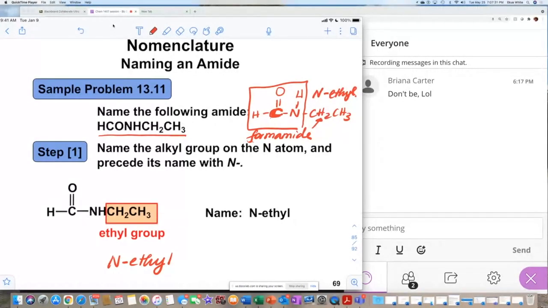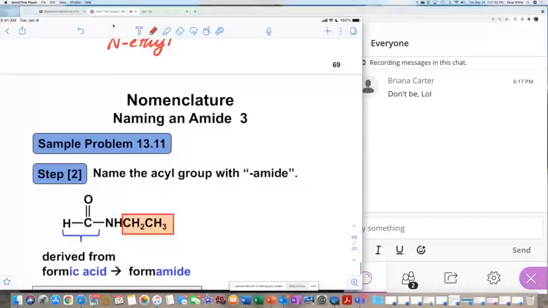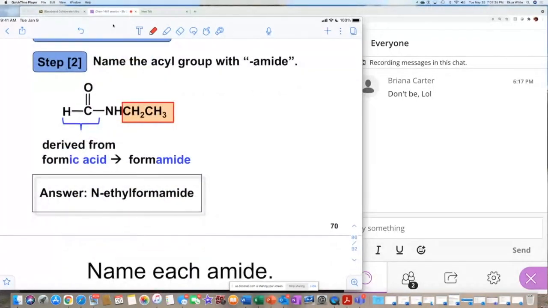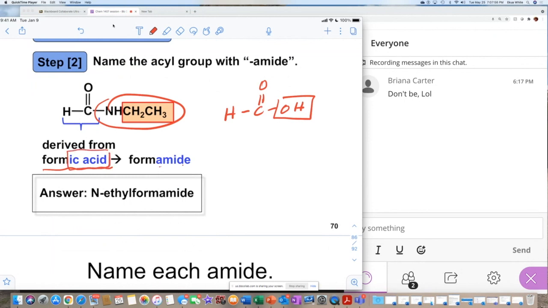Okay, so let's go over here and see how they did this. The original formic acid they're talking about looks like this. This is what formic acid is. Remember, this group here is replaced with all of this. So when you're naming this, you name the formic acid first, replace the ic acid with amide.